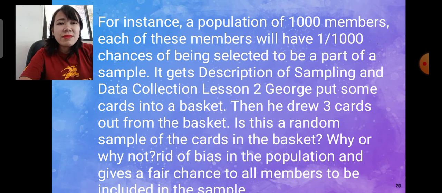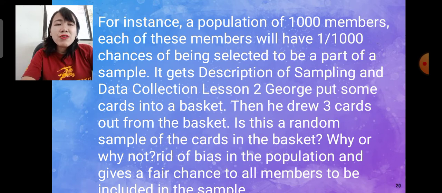And then, bunot ka, and then, kumbaga, lahat ay pupwede. Ito po ay fair kasi walang bias. Hindi ka namili or hindi ka nag-pinpoint na ikaw yung magiging respondents ko. But, ang ginawa mo is to choose from the basket. So, out of the basket, bumunot ka doon.